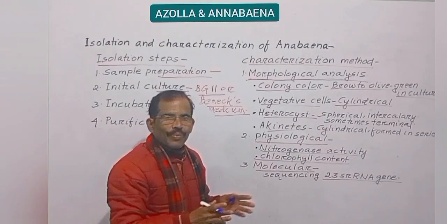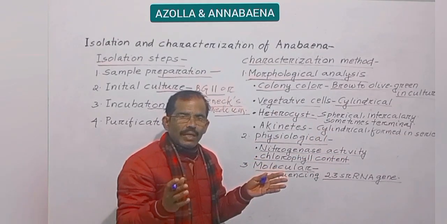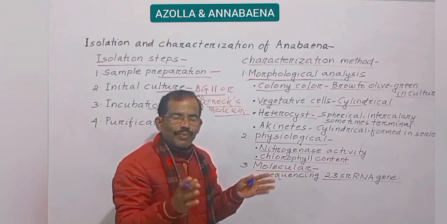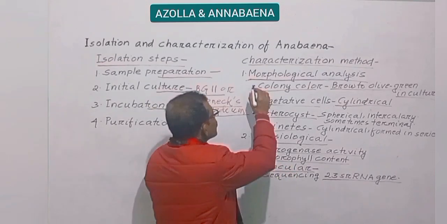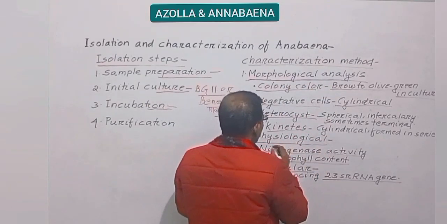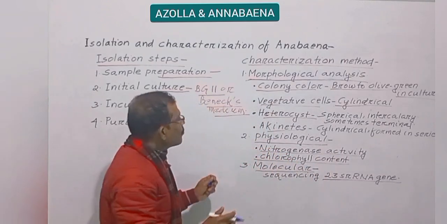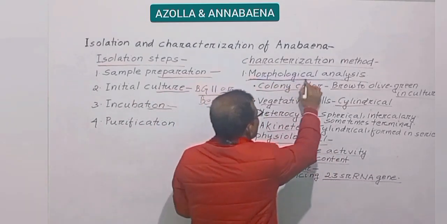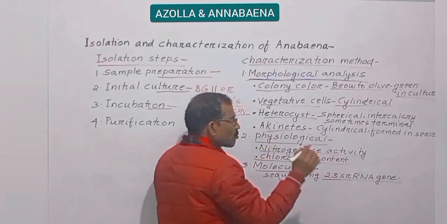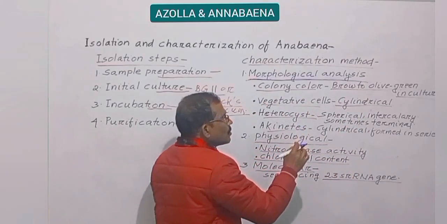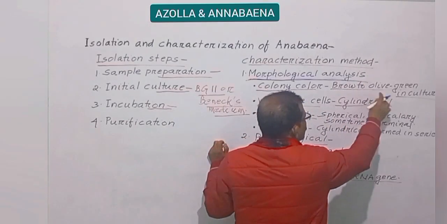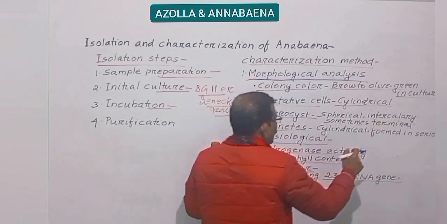Characterization method. Anabaena azollae can be characterized by different methods such as morphological analysis, physiological method and molecular method. Morphological analysis involves observing colony color, which should be brown to olive green in culture.